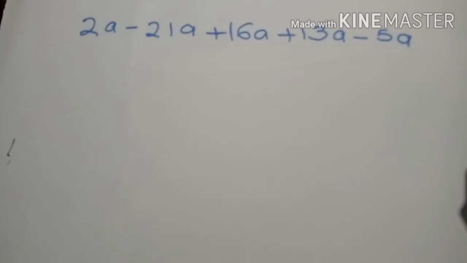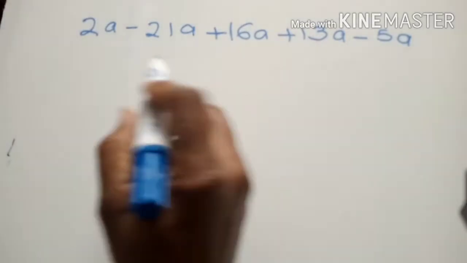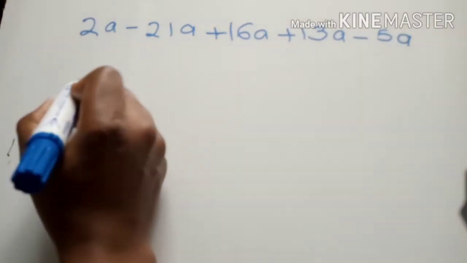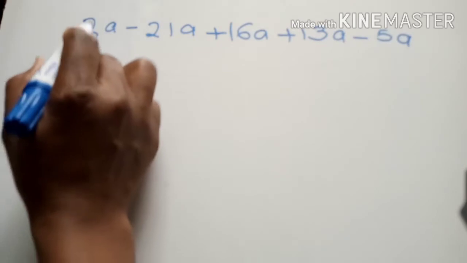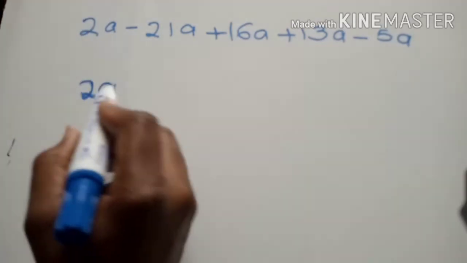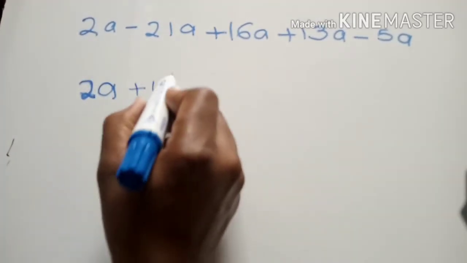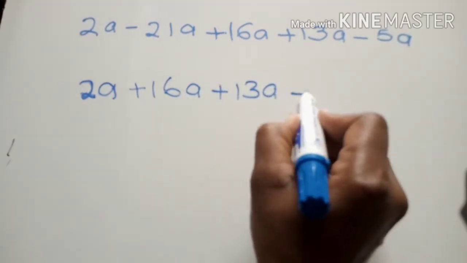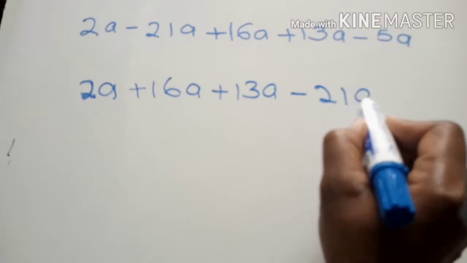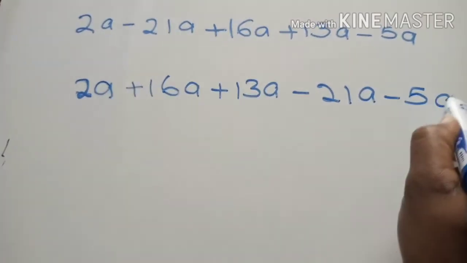Normally we start with addition. So you will say 2a, now 2a has a plus in front of it. So 2a plus 16a plus 13a, and then now you subtract minus 21a minus 5a, okay?